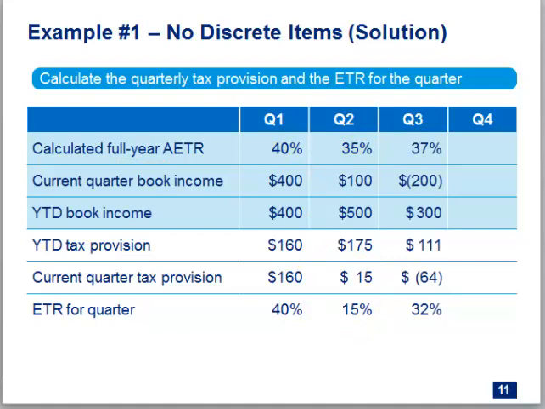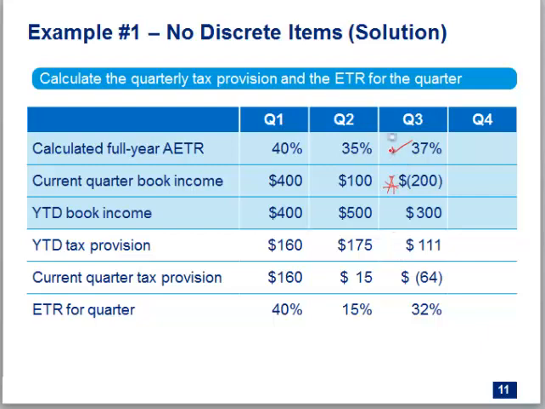Okay, so now we go into Q3. And in Q3, we've changed our annual assumption. And now our rate's back up to 37%, but we actually lost money in Q3. Okay? And so our year-to-date income is 300. 300 times 37%, right?